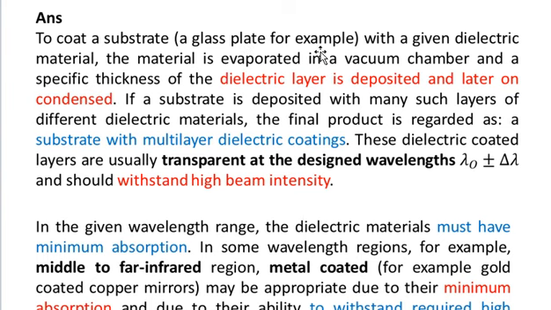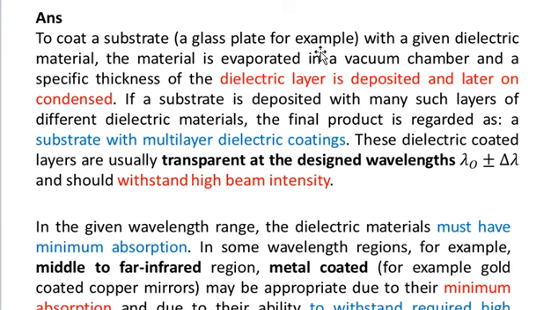If a substrate is deposited with many such layers of different dielectric materials, the final product is regarded as a substrate with multi-layer dielectric coatings. These dielectric coated layers are usually transparent at the designed wavelengths, for example lambda naught.